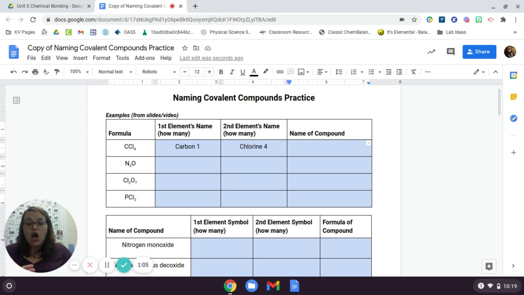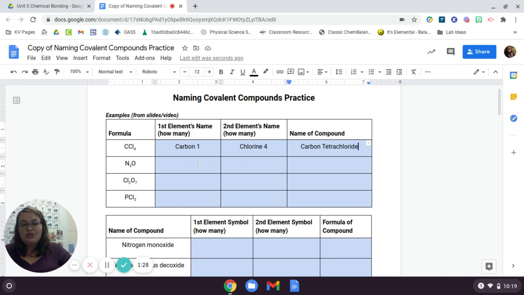So we're just going to say carbon. 4 is tetra, and then chlorine becomes chloride. So the first one is carbon tetrachloride. Again, we don't use mono if there's only one of the first element. That's your exception to this. All the other times we're going to use prefixes.